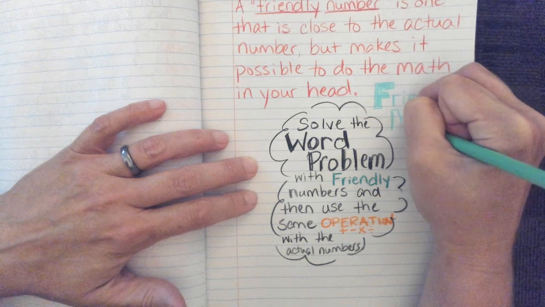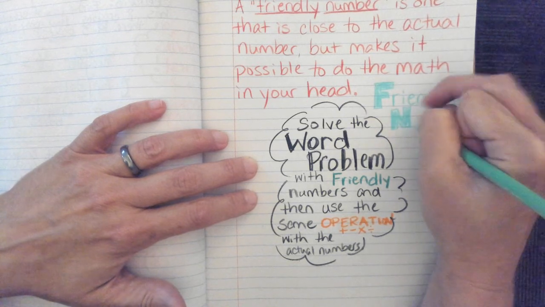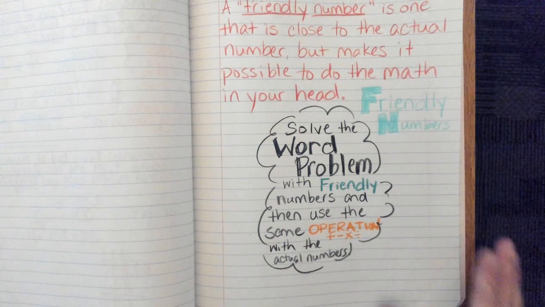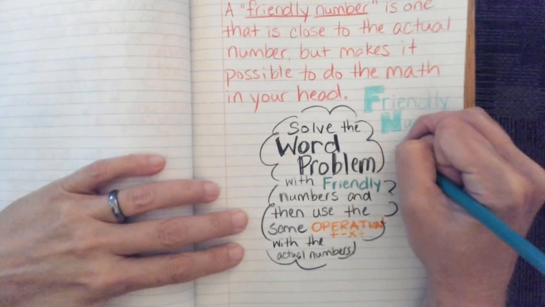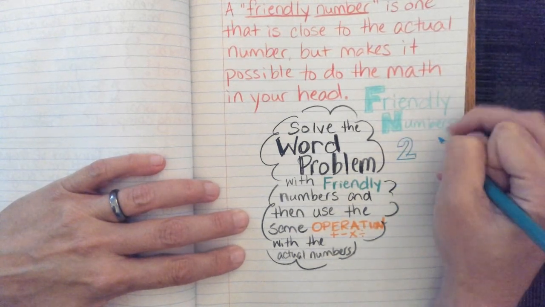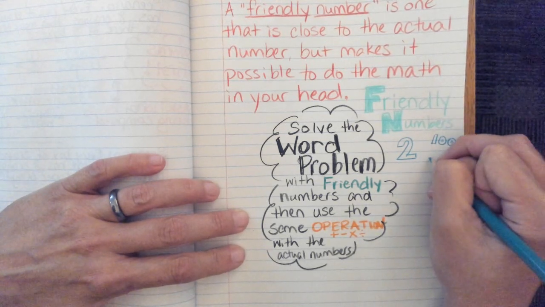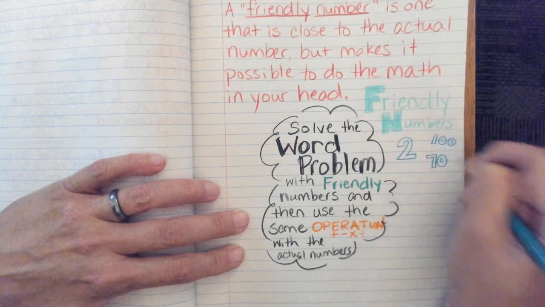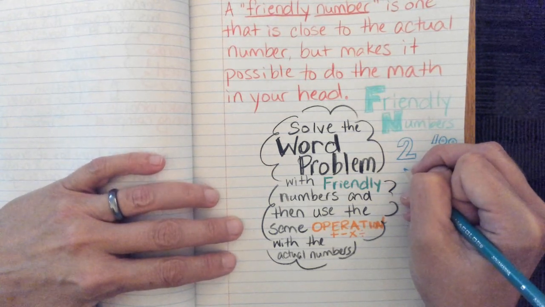Examples of friendly numbers would be 2, 100, 70, 5.